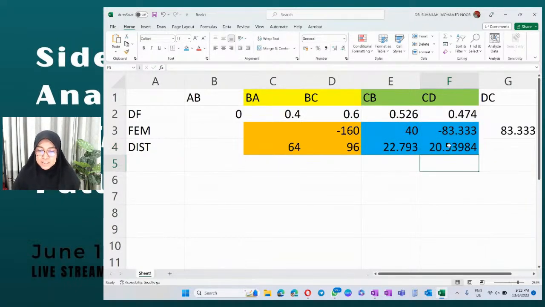So we get this, to 3 decimal places. So these 4 values total equivalent to 1, which means the answer is correct.